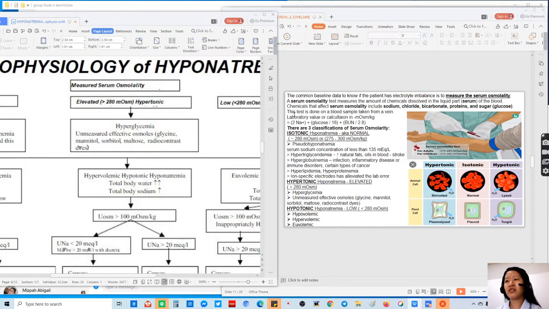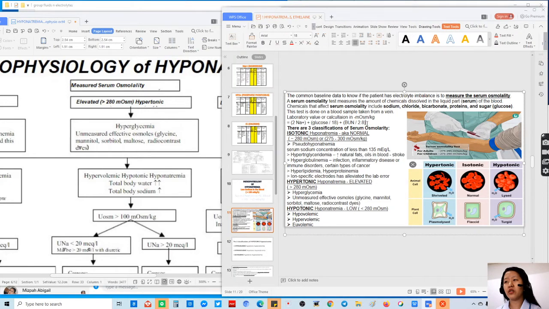This test is done on a blood sample taken from a vein. The laboratory value or calculation in milliosmol per kilogram is 2 times sodium plus the glucose divided by 18 as constant plus blood urea nitrogen result divided by 2.8 as constant.